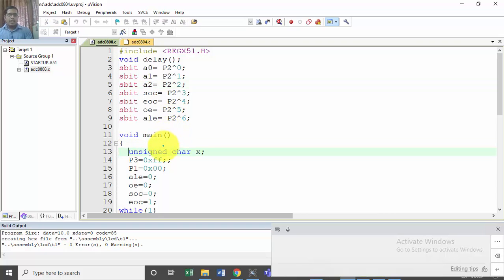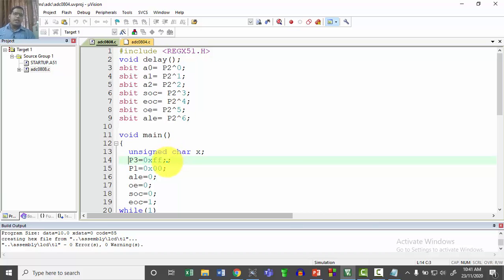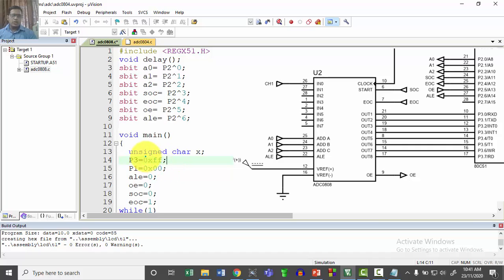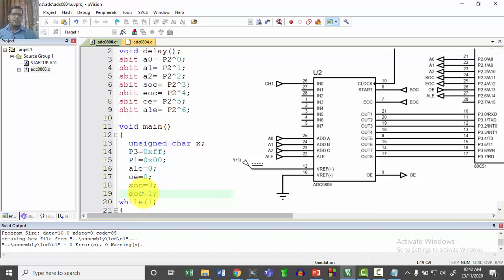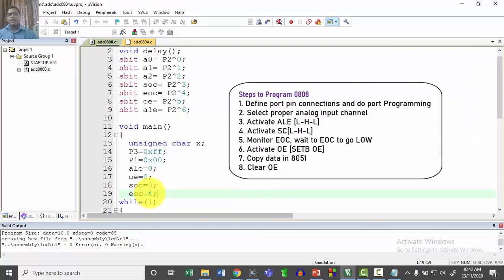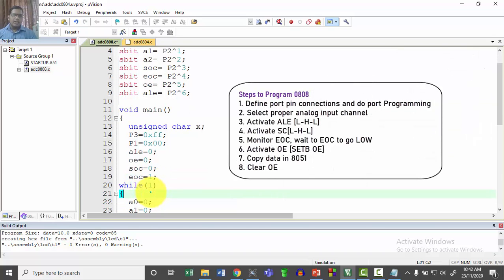Port P3, from which we take data from the ADC0808, is configured as an input. Port P1, to which we have connected the LEDs to analyze the digital data, is configured as an output. Initially, ALE, output enable and start of conversion, which are output lines, are made 0, and the end of conversion, which should work as an input, is configured as an input. So here, step by step.